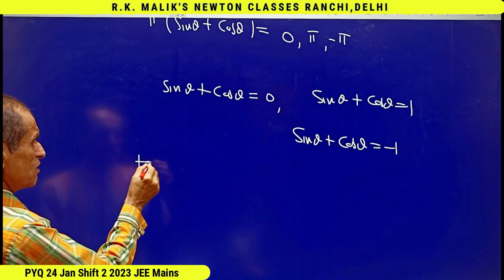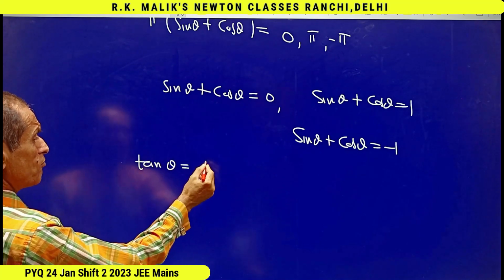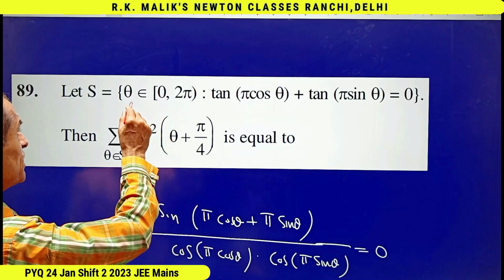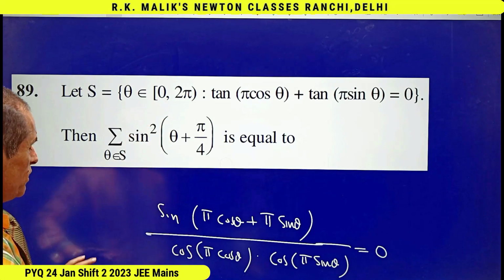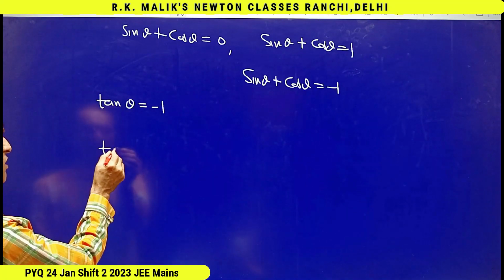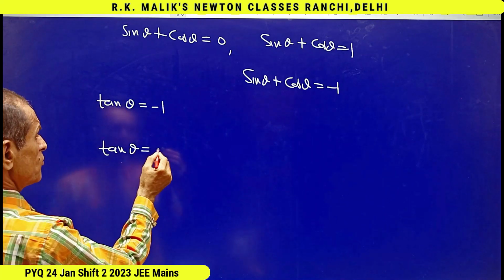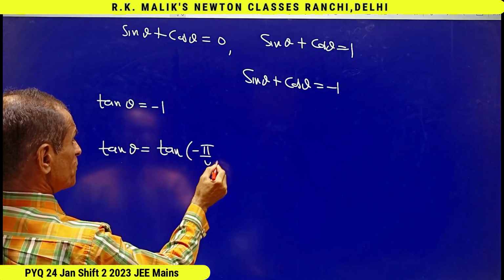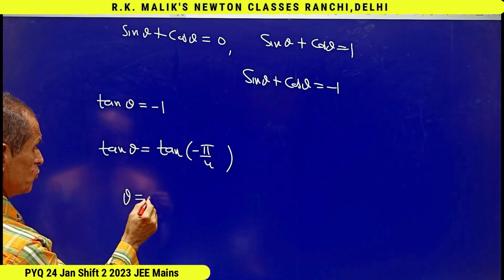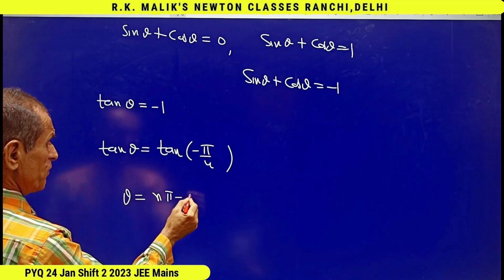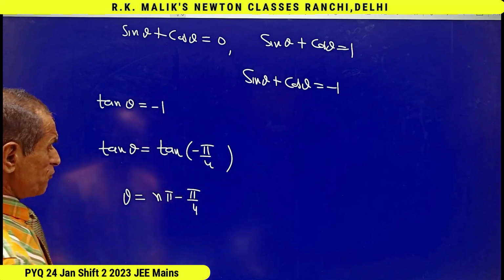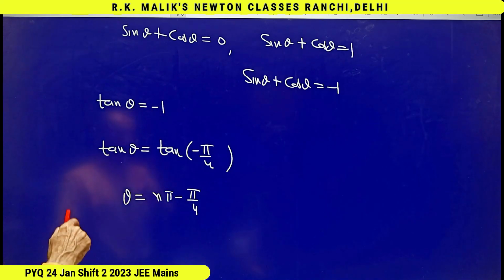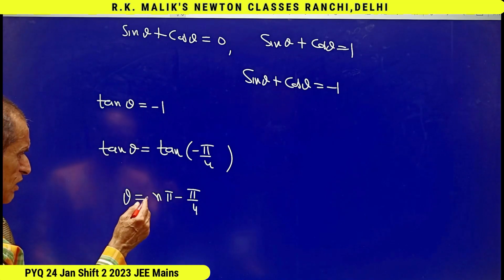It means tan theta equal to minus 1, and it is given that theta lies between 0 and 2 pi. That is, tan theta equal to tan of minus pi by 4, that is theta is equal to n pi minus pi by 4, and I'll put the values of n and accept only those values of theta which lie between 0 and 2 pi.